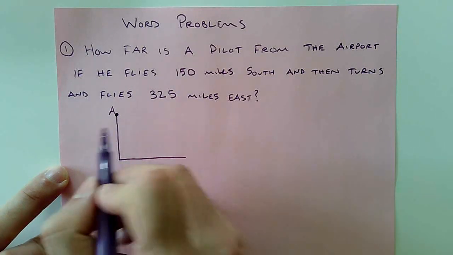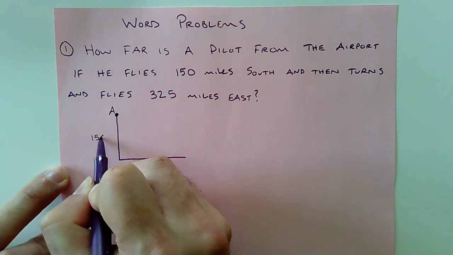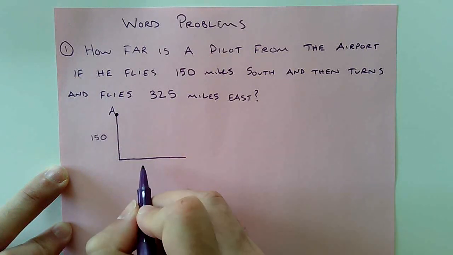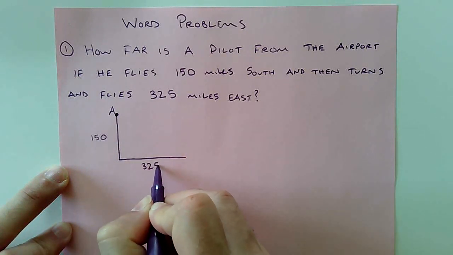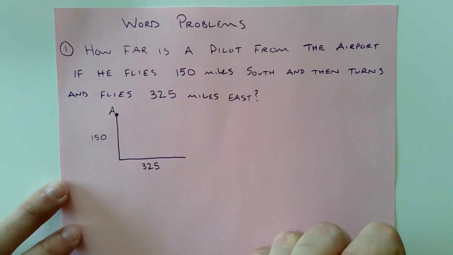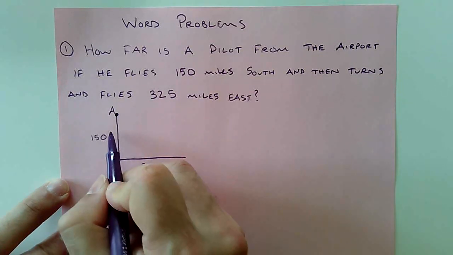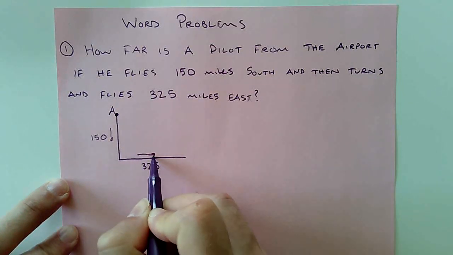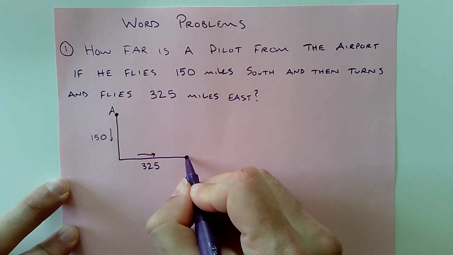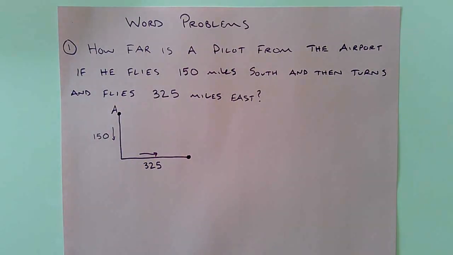He flew south 150 miles. He flies east 325 miles. Now he's technically at about that point. So the question is, how far is he from the airport?